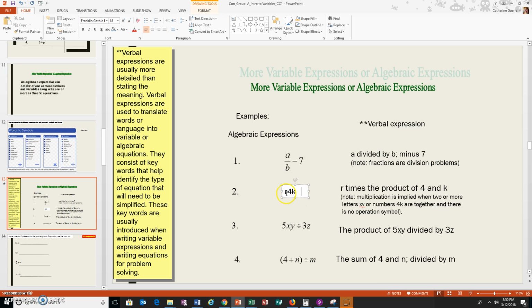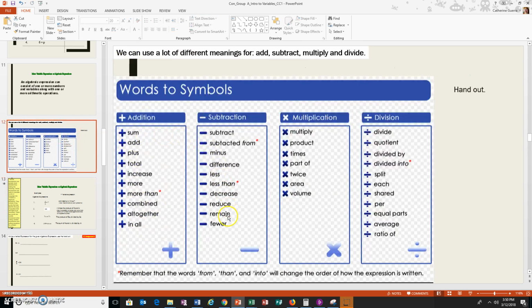Here we have really R times 4 times K, because they're all up against each other. But instead of saying times, times, times, we use some of the different words. So here we would say R times the product of 4 and K, where product means to multiply, and times means to multiply.